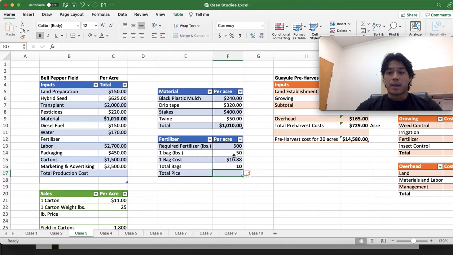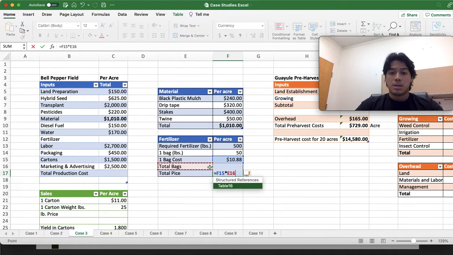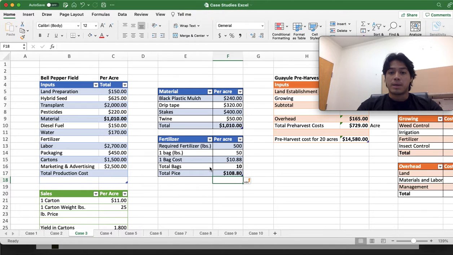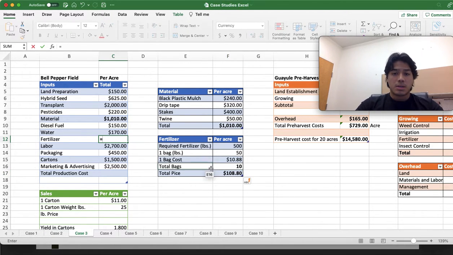We need 10 bags of fertilizer. How do you get the cost? Find the cost of one bag and then multiply it by the number of bags. So that's going to be the total cost of the fertilizer. So we just click equals, select the cell, and there you go.